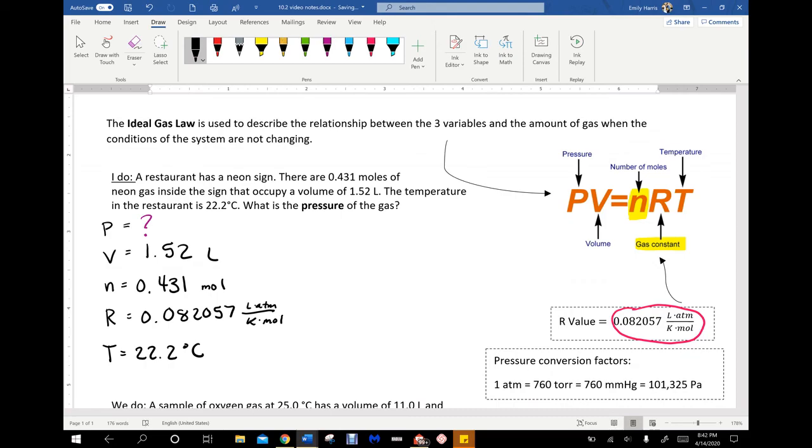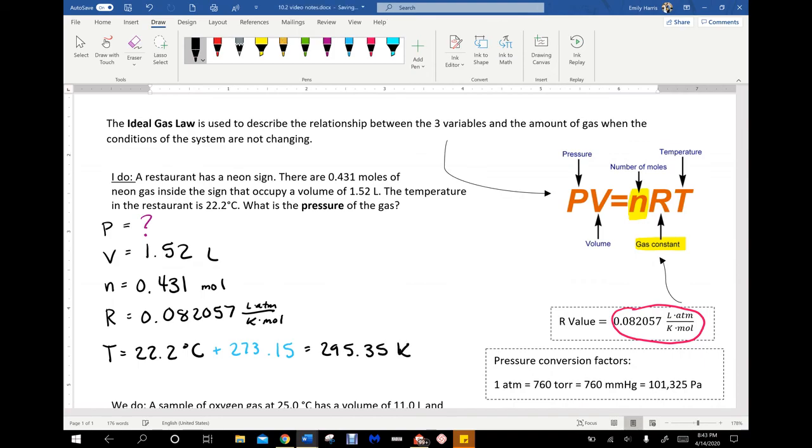Just like the other gas laws, you'll want to convert that temperature from Celsius to Kelvin by adding 273.15. If you pull out your calculator, let's see what that gives you. 22.2 plus 273.15 gives us 295.35 Kelvin.